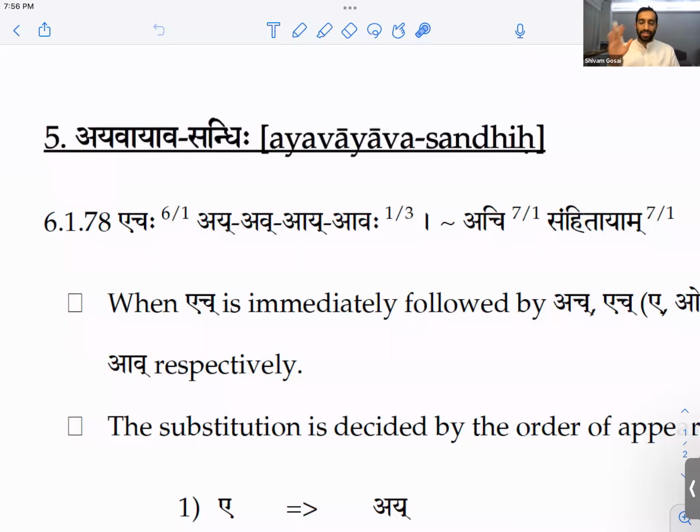But when we look at just what's getting replaced, you have to take off the visarga. So it's ayav. That's right.